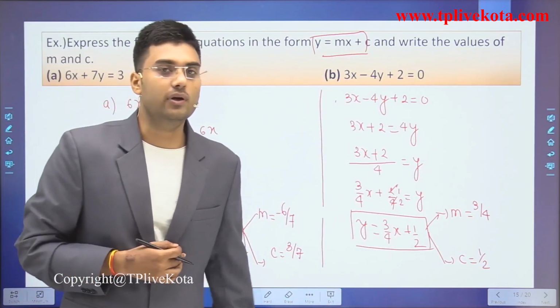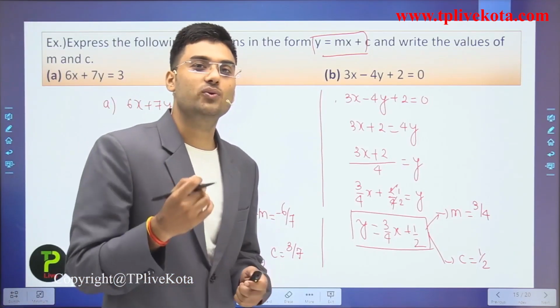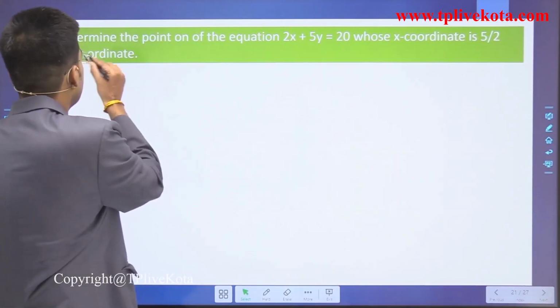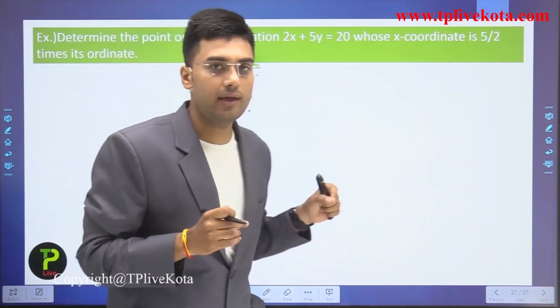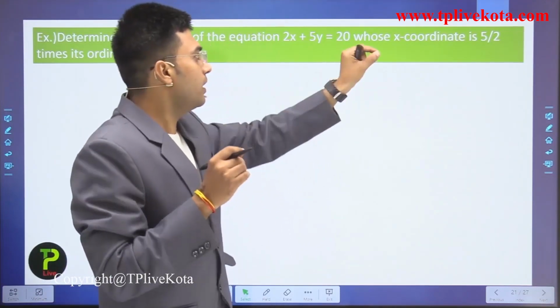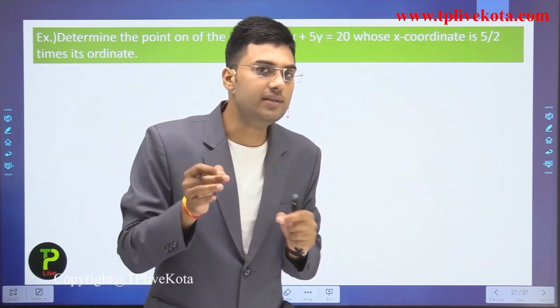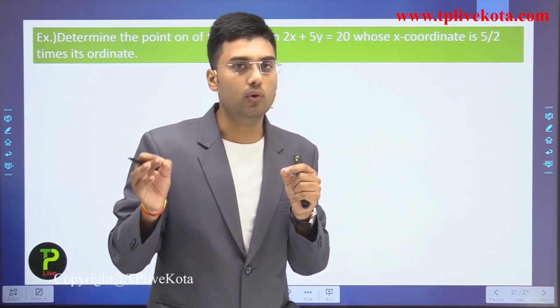Now I hope you understand this example. So after this example, let's move to the next example, and the next example is: determine the point on the equation 2x plus 5y is equal to 20, whose x coordinate is 5 by 2 times its ordinate, and ordinate means its y coordinate.